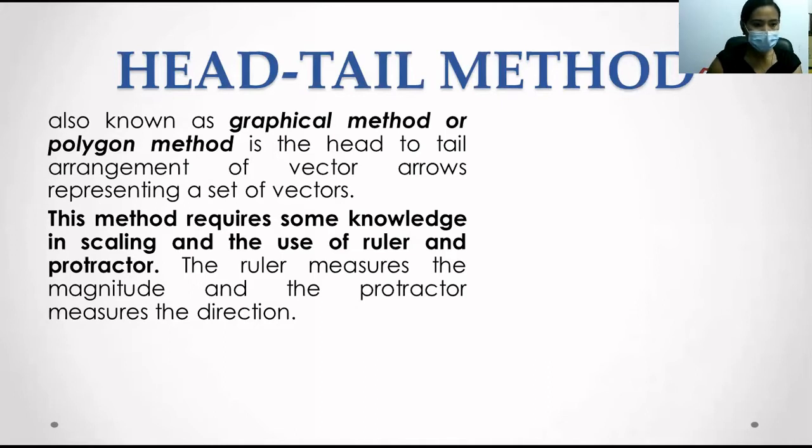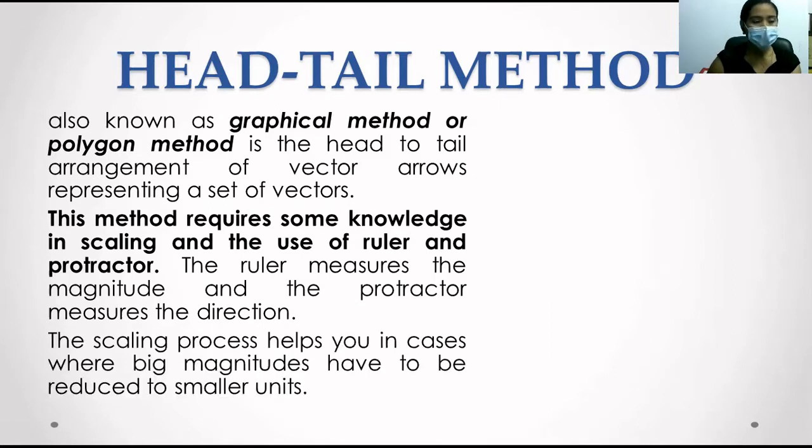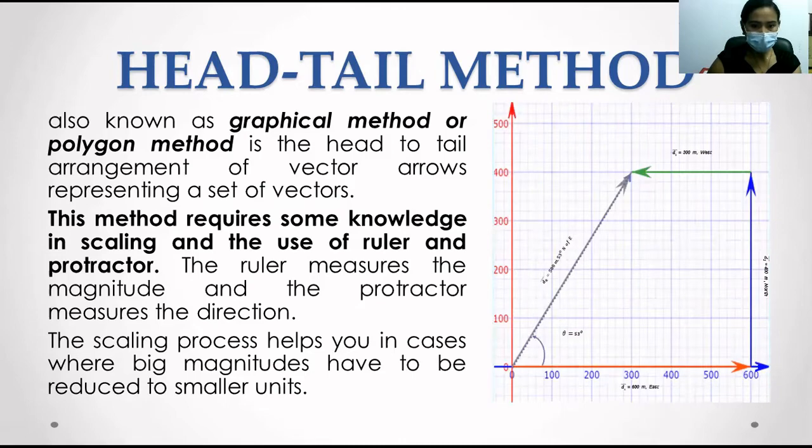The ruler measures the magnitude and the protractor measures the direction of our resultant vector. The scaling process helps you in cases where big magnitudes have to be reduced to smaller units. An example is shown on screen.